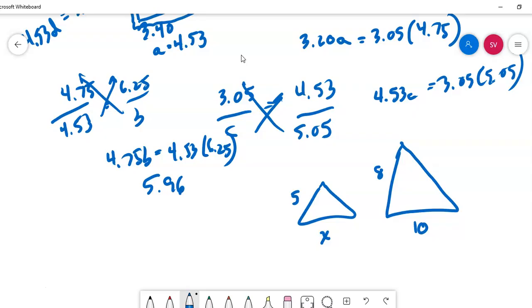So if you had something like this, you could say 5 is to 8 as x is to 10, and then it would be the same thing, cross multiply, you get 50 is equal to 8x, divide by 8, and so on. So that will wrap up our discussion on angles and similar shapes and similar triangles.